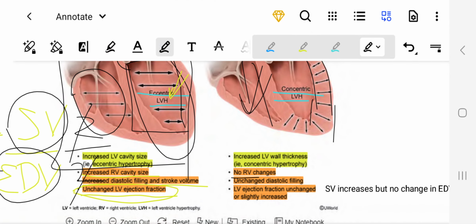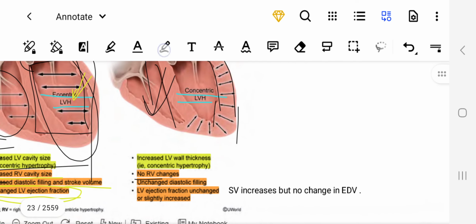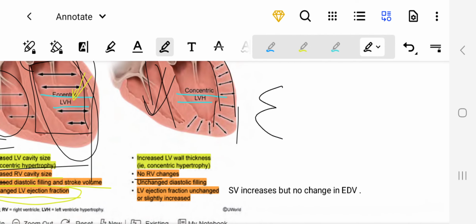Here, the left ventricular ejection fraction is either unchanged or a little bit increased. Why increased? Let me explain this. As we know, the ejection fraction is the same formula: stroke volume divided by end-diastolic volume.